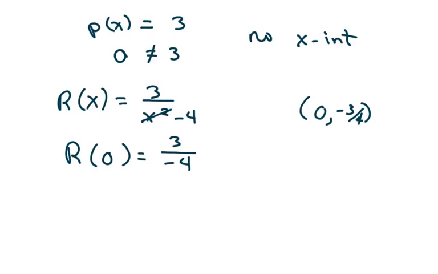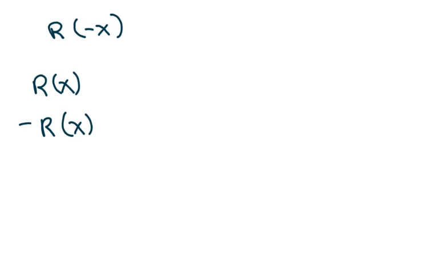Okay, we've got to test for symmetry. We're going to plug in negative x and see if we get our original equation or the negation of our original equation. Everywhere there's an x, I'm going to plug in negative x, which gives us 3 over x squared minus 4.